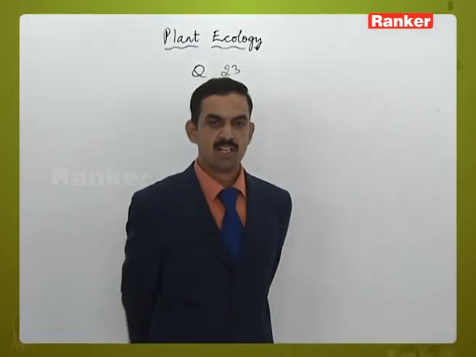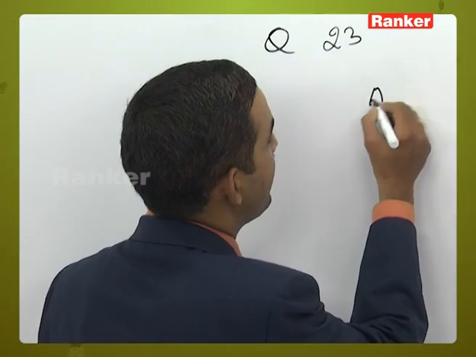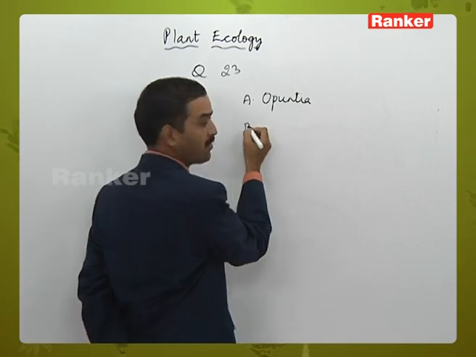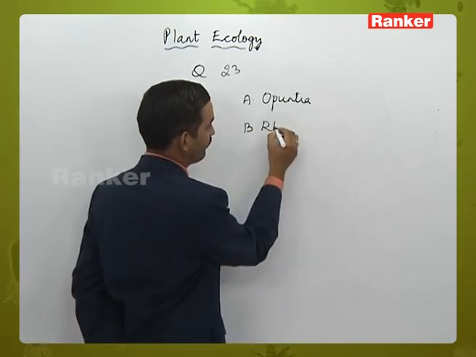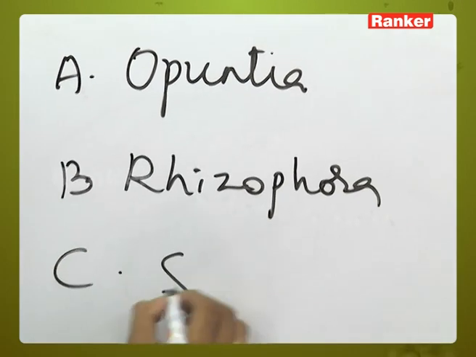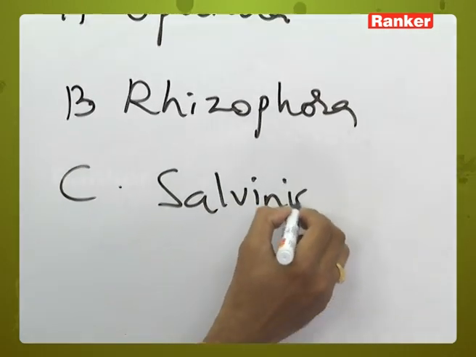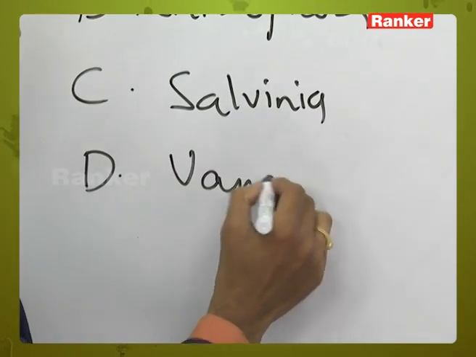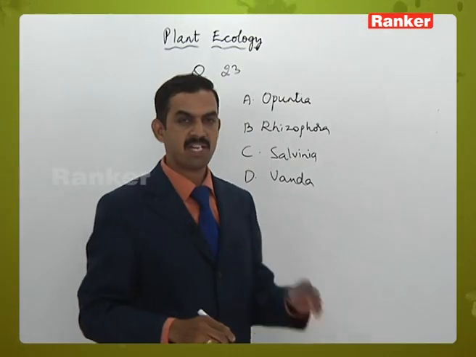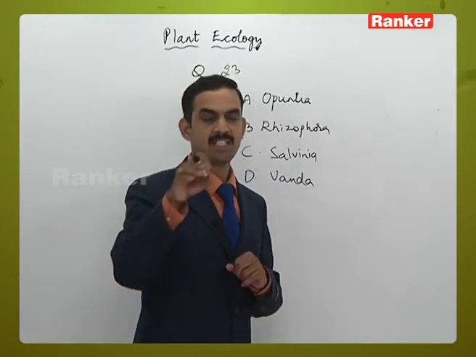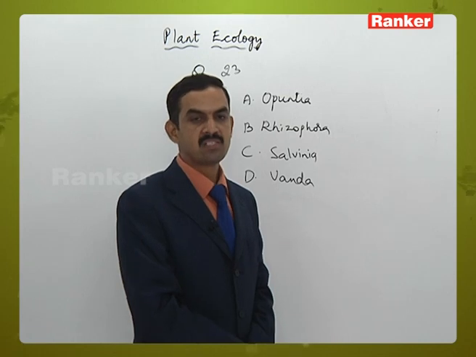In the list 1, they had given the names of plants. The first one is Opuntia. Second one is Rhizophora. Third one is Salvinia. And fourth one is Vanda. The 4 plants have been given in list 1, and here we have to know the habitat or the place where these plants are surviving.